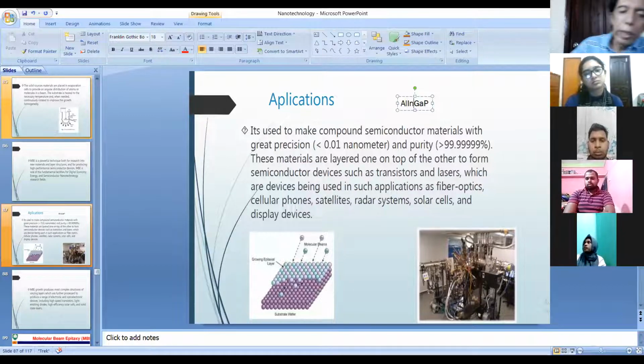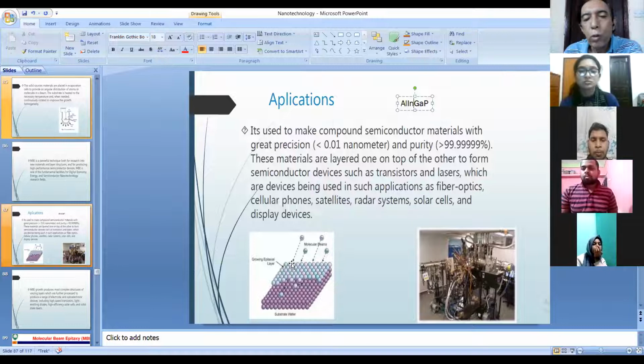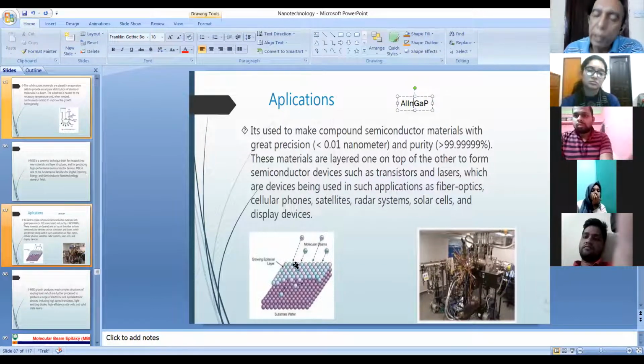So you can do it by, say for example, I have told you that one line of gallium, one line of indium, or you can do it with one layer of gallium, above it one layer of indium, above it one layer of, say, aluminum, and above it one layer of phosphorus.